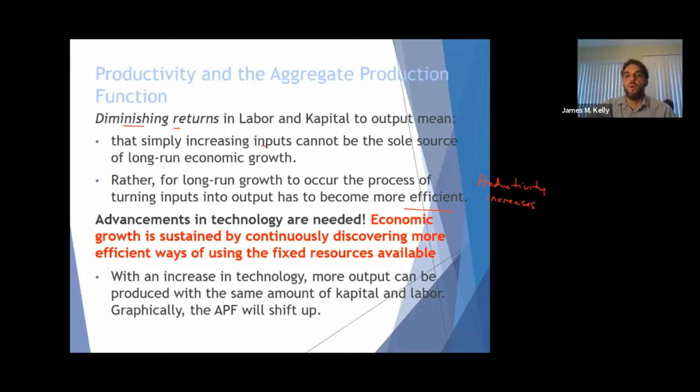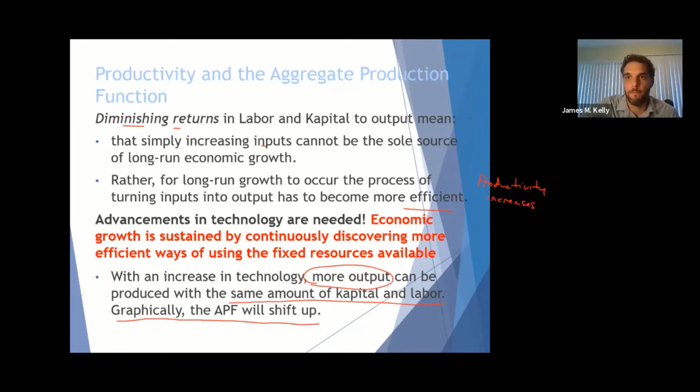And so when we become more efficient at turning our inputs into output, those inputs essentially become more productive at converting inputs to output, which means graphically our aggregate production function will shift up. Why? Because we can produce more output with the same amount of capital and labor.